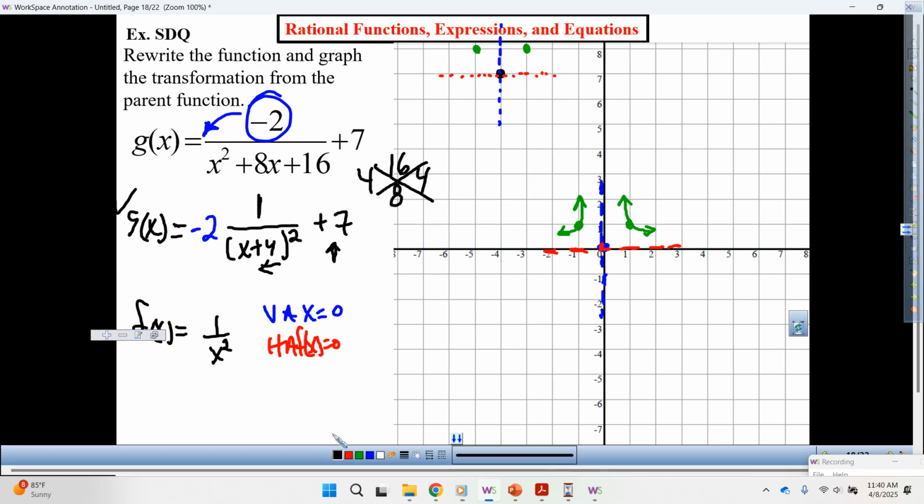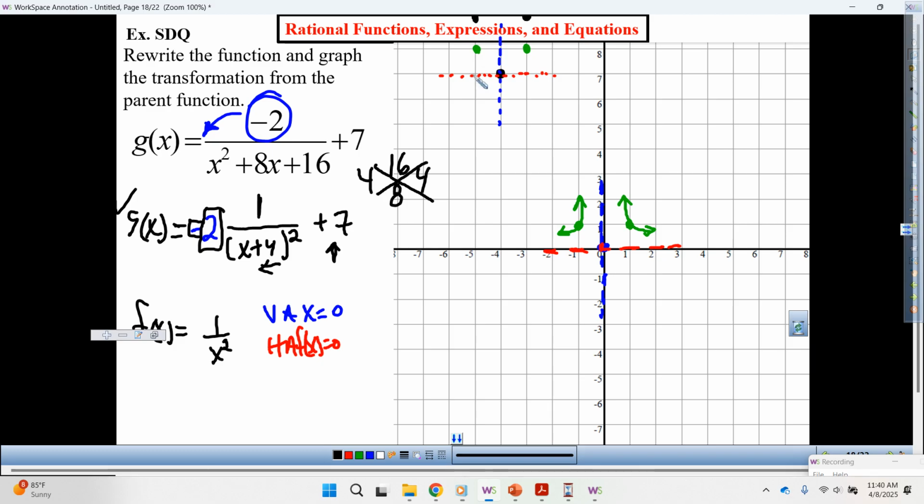However, look up. What does this 2 tell me to do now? Tell your neighbor, what is that 2 telling me to do? 1 to the left and 2 up first. 1, 2. 1 to the right, 2 up. Then, what does this negative tell me to do with those 2 points?